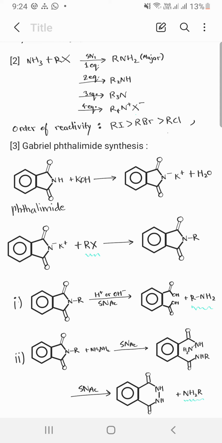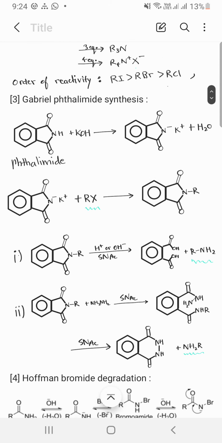Gabriel phthalimide synthesis. So this is phthalimide, and then there's something called phthalic anhydride, where there's oxygen instead of nitrogen, right? It's formed from phthalic acid when you heat it to dehydrate it. It's weird because generally acid anhydrides are very unstable and decompose when you put H2O in.